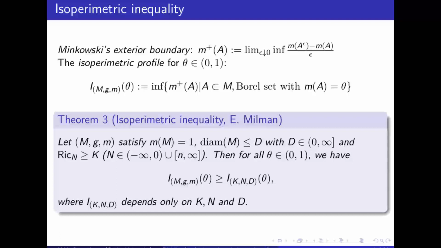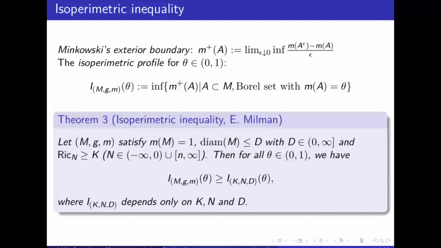And the isoperimetric inequality in weighted manifolds states that the isoperimetric profile at volume theta is bounded from below by a functional of theta depending on the Ricci curvature bound K, the diameter bound D, and the dimension bound N. And the functional I_{K,N,D}(theta) is also the isoperimetric profile of a one-dimensional model space, given by Emanuel Milman.